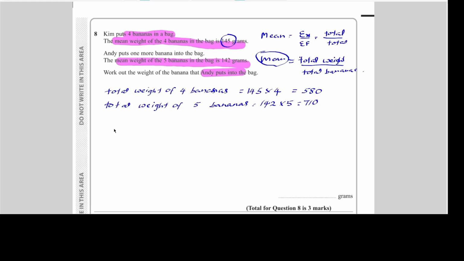So the weight of the 5th banana can be taken by subtracting these two, right? Because this is the total weight of the 4 bananas, and the total weight of the 5 bananas.